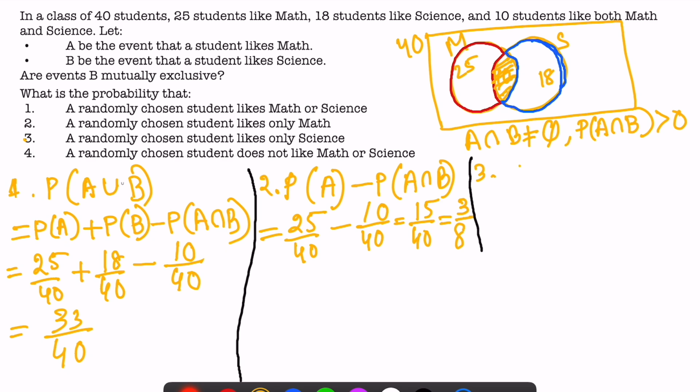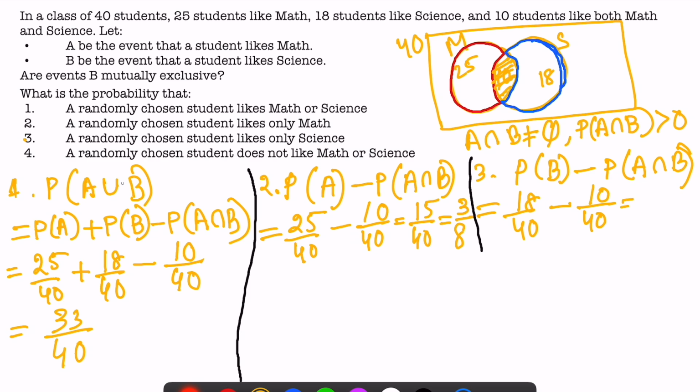So that will be probability of B minus probability of A intersection B. So that is probability of B is 18 out of 40 because 18 students like science, minus probability of A intersection B is 10 out of 40, that is 8 out of 40, that is 1 out of 5.